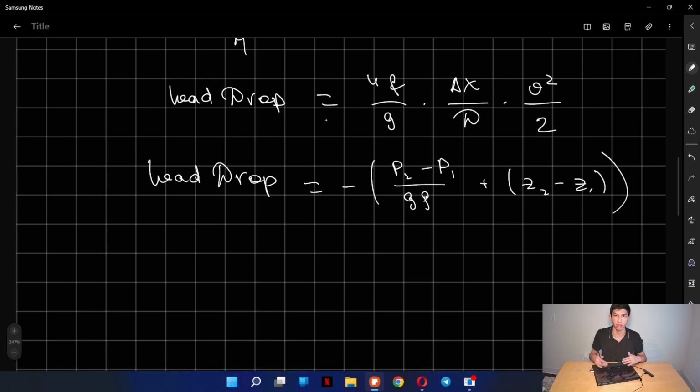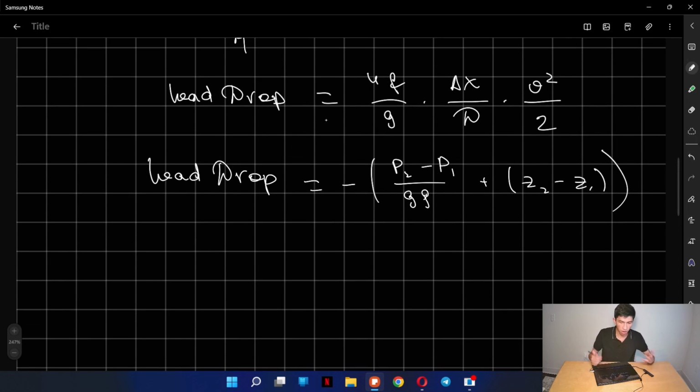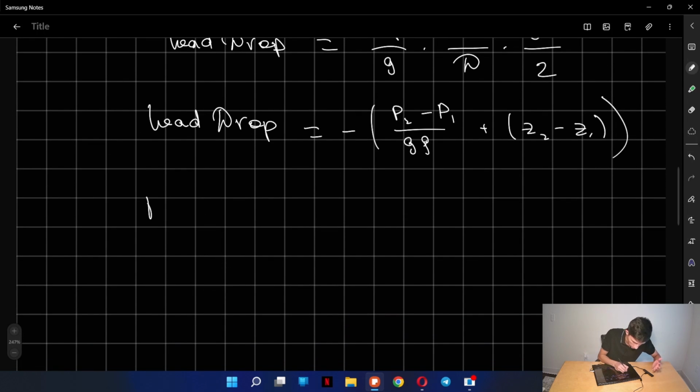And in order to calculate the flow, we know that our root solver solves for a particular value of flow that makes some equation equal to 0, right? So let's say we have a given head drop, right? I'm going to say that it is HD.